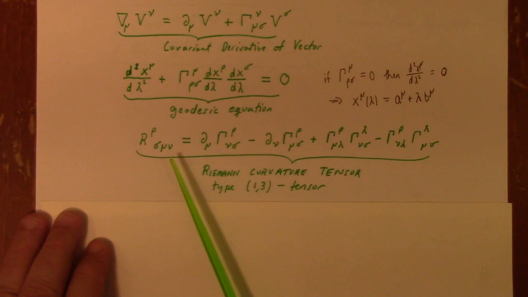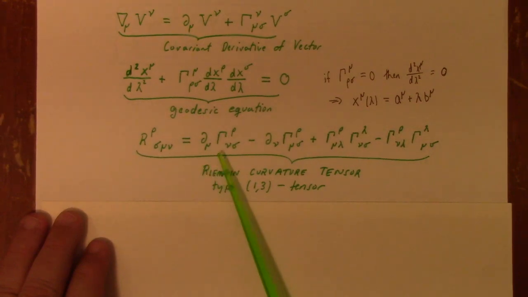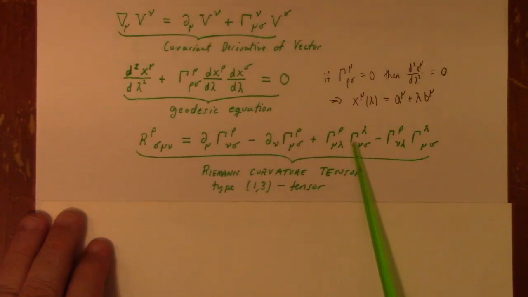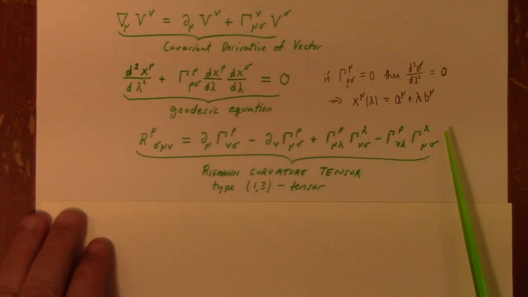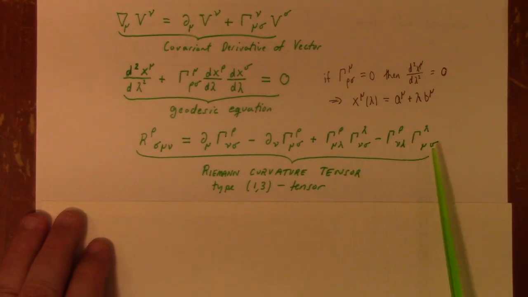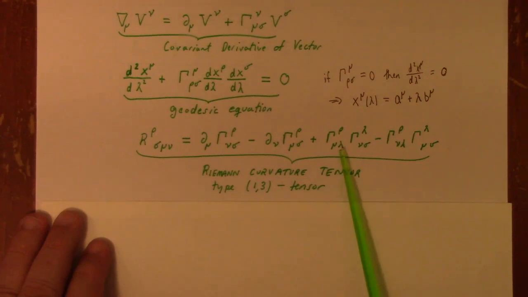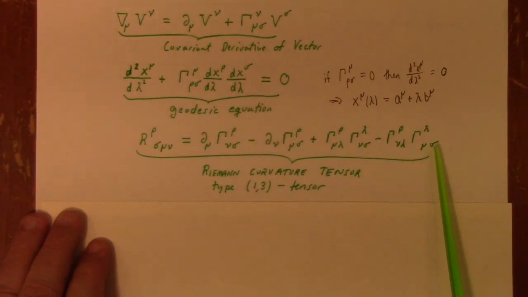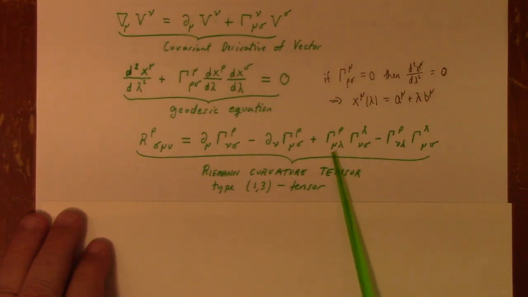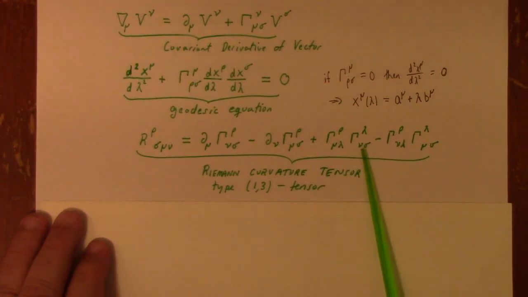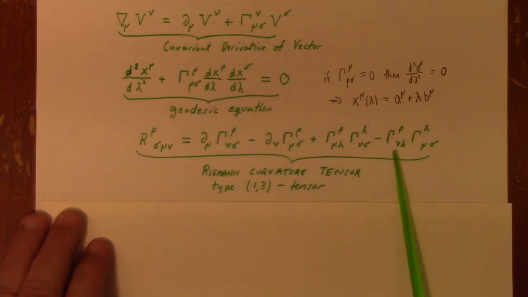The curvature is defined in terms of derivatives of the Christoffel symbols, as well as a sum of the Christoffel symbols against itself, suitably anti-symmetrized, I suppose. See, because you've got mu sigma, and then, well, yeah. So mu here, nu here, nu here, mu here.